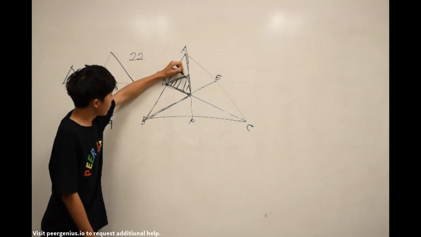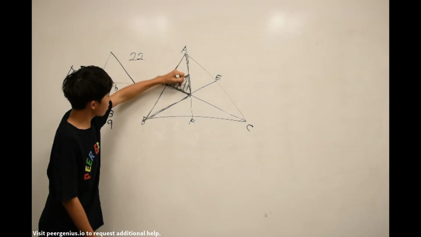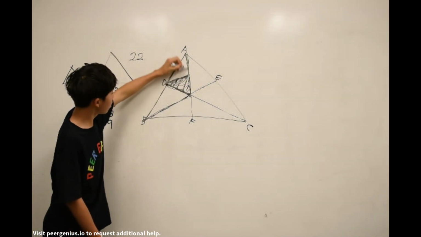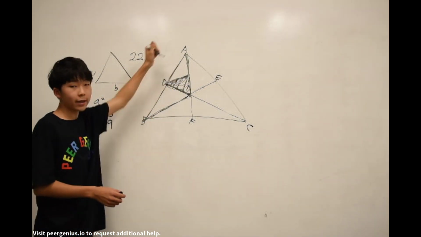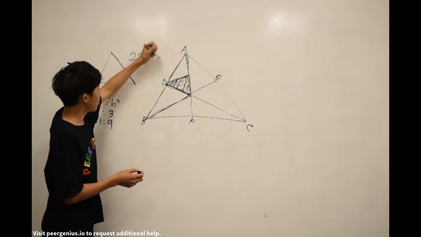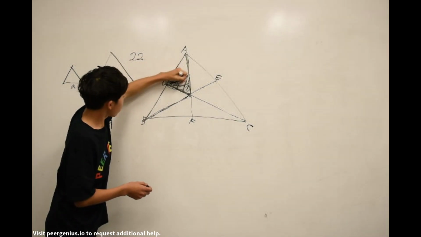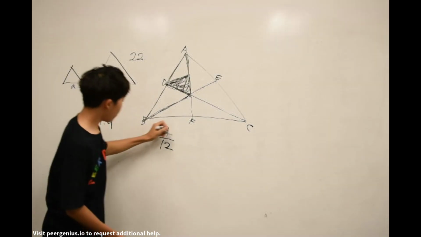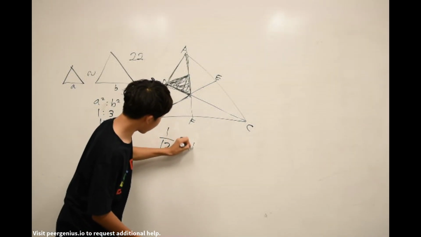That means the small triangle is 1/4 of this big triangle, which is 1/3 of the entire triangle. Meaning, this triangle we want to find is 1/12 of the area of ABC.